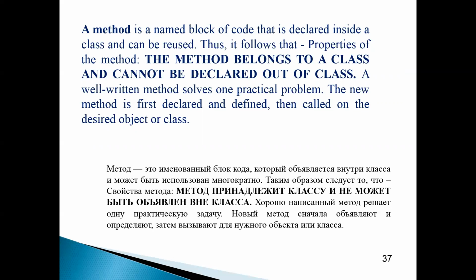Thus, it follows that the method belongs to a class and cannot be declared out of a class. A well-written method solves one practical problem. The new method is first declared and defined, then called on the desired object or class.